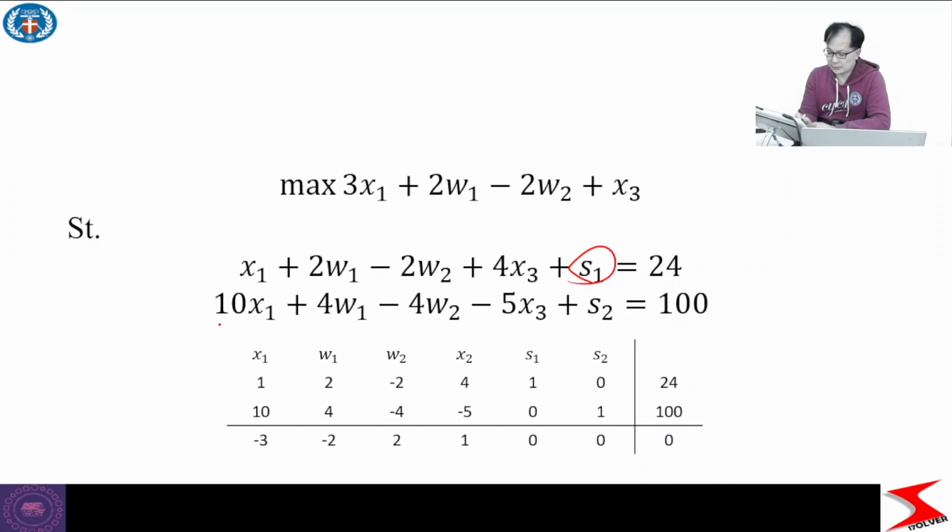The second constraint becomes 10 times x1 plus 4 times w1 minus 4 times w2 minus 5 times x3 less than or equal to 100, and we add s2 as a slack variable into the second constraint. Okay, so we get the initial tableau like this.